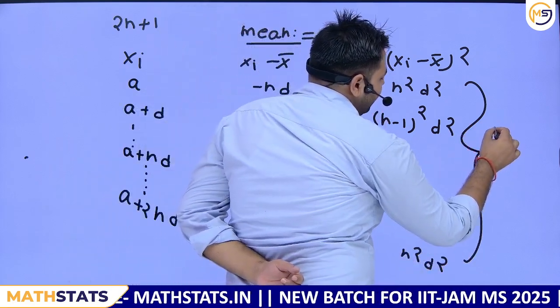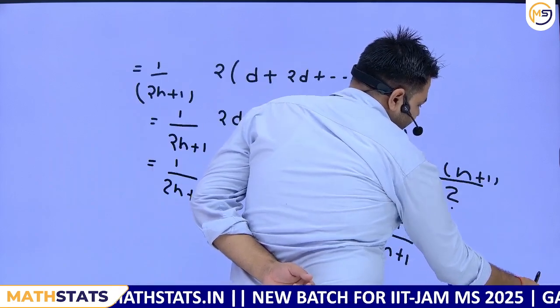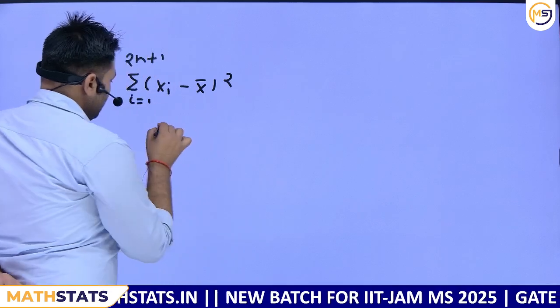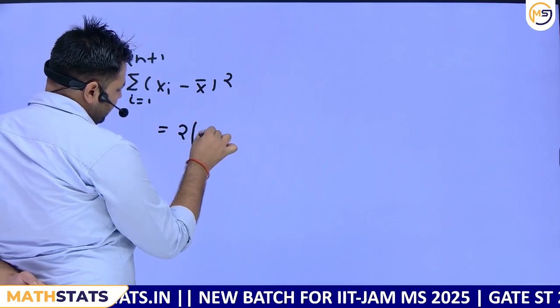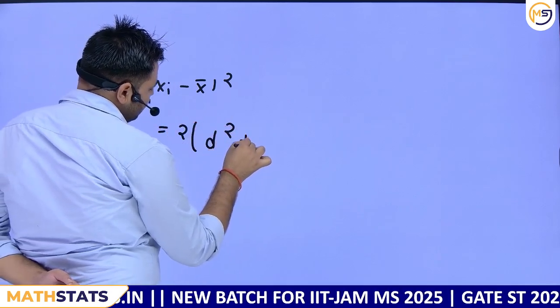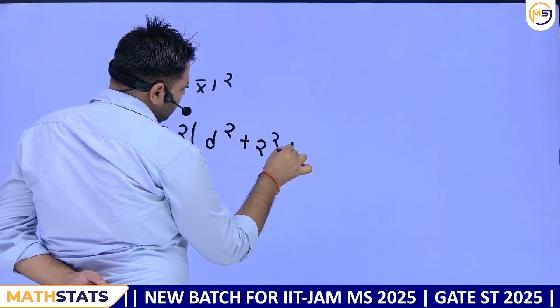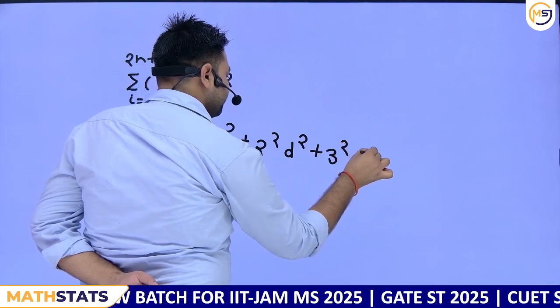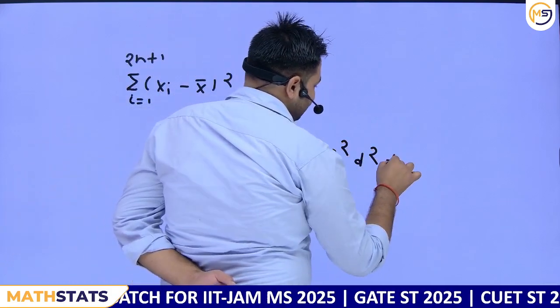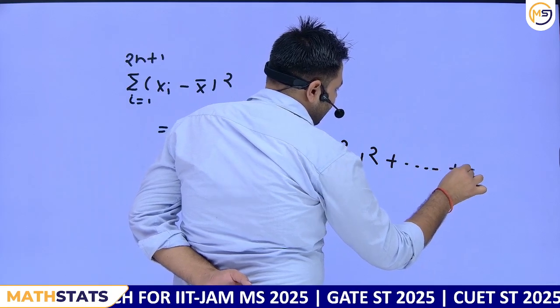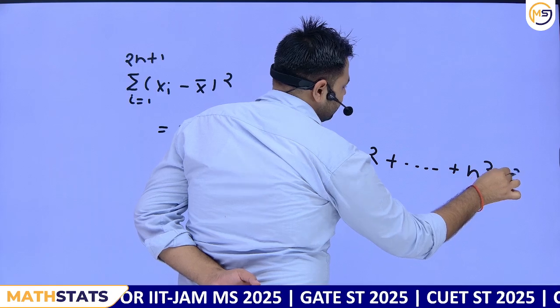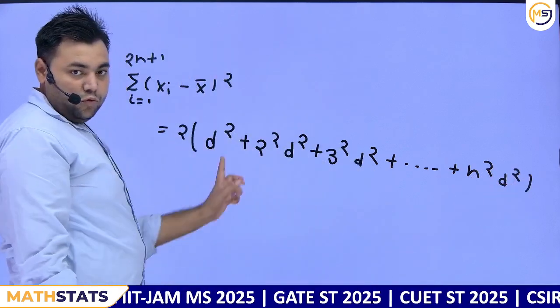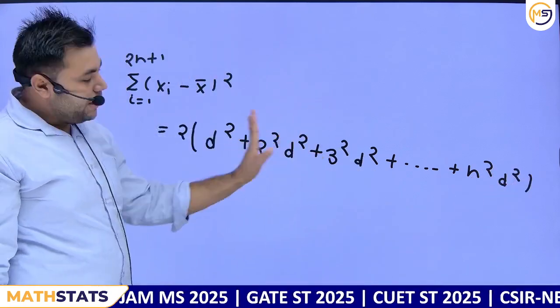If we add this series, we will get 2 times d square plus 2 square d square plus 3 square d square plus, in a similar way, n square d square, right? When we are adding the square terms, we get this series.